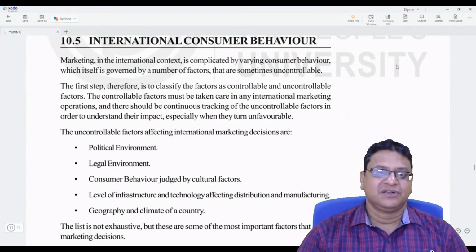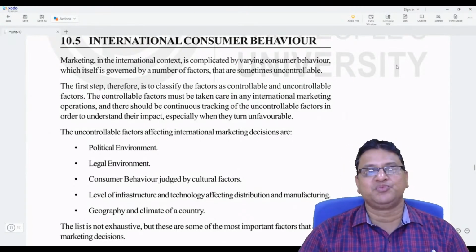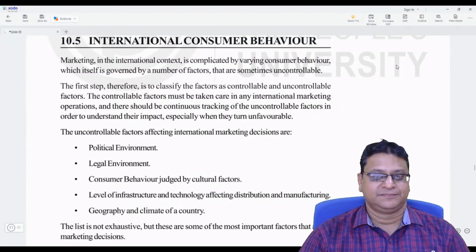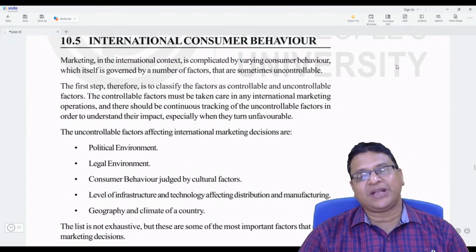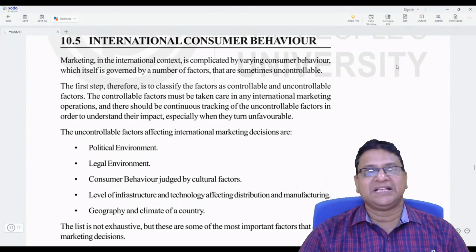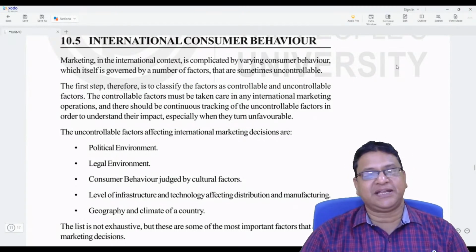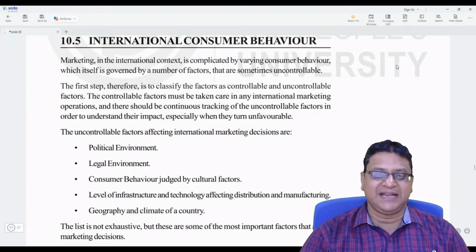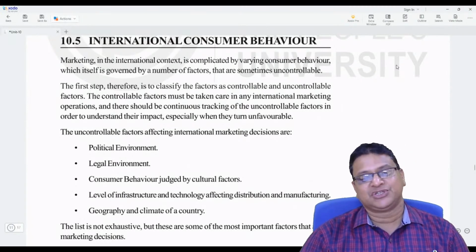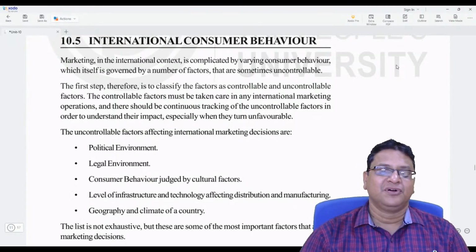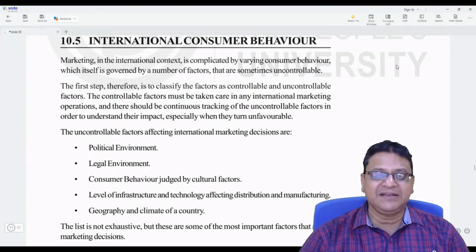Next we will discuss international consumer behavior. In marketing, studying consumer behavior plays an important role. In case of international marketing, the consumers reside in different countries. So you have to analyze the behavior of customers residing in many countries.